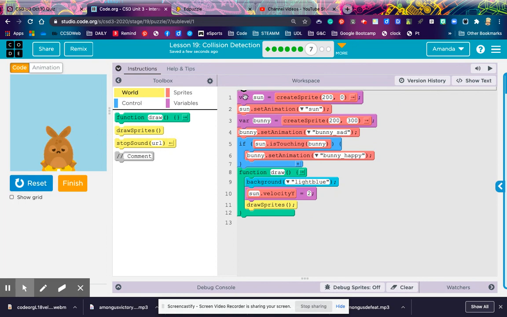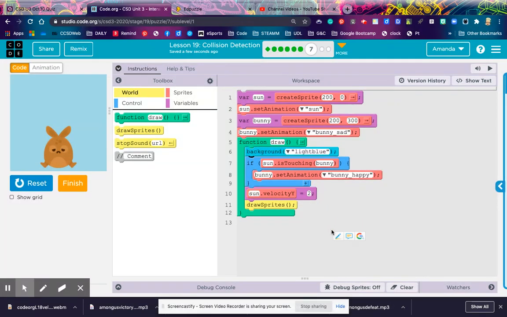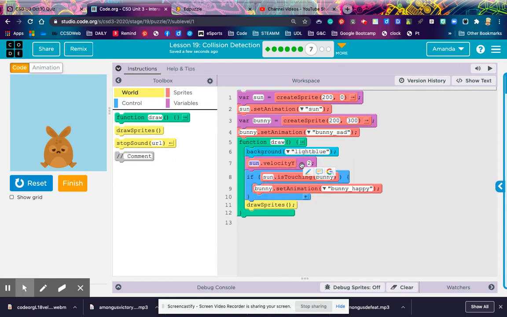Okay. We got the sun, we got the bunny. If sun is touching bunny, bunny set animation to bunny happy. Is it because this whole thing is not inside the draw loop? Perhaps. If sun touching and then the sun velocity, maybe.